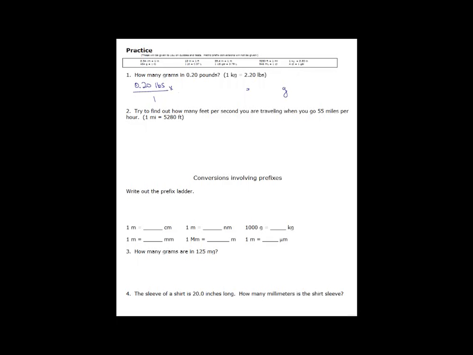So I need pounds to cancel out, so I can use 2.20 pounds, 1 kilogram. Now, at this point, you could just enter this into your calculator, 0.2 divided by 2.2, and you get 0.0909 kilograms.